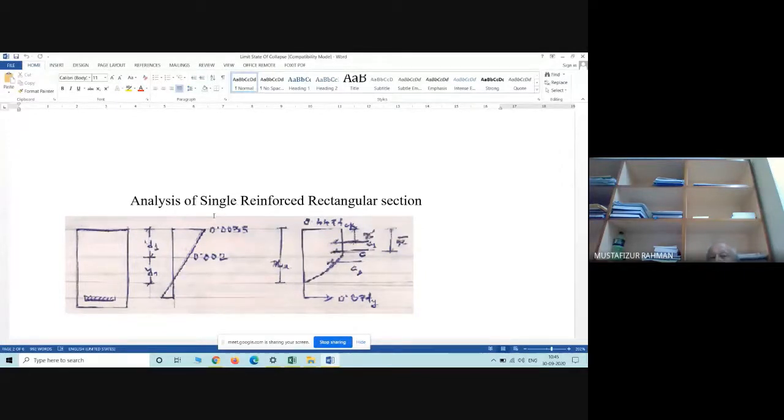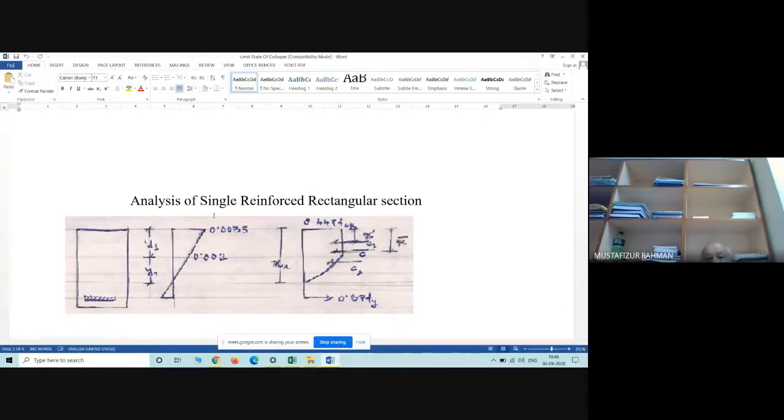And since the reinforcement is utilized only in the tension zone, that particular beam or section will be called a single reinforced member, single reinforced section.